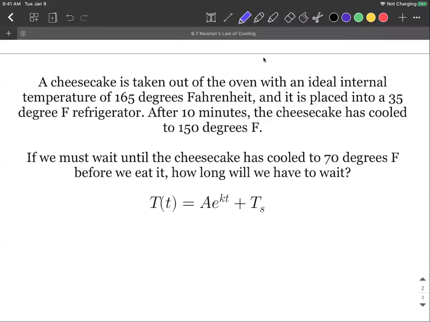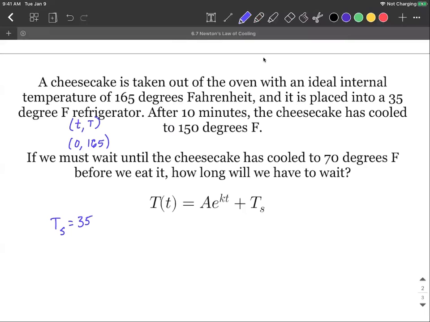Each one of our ordered pairs, and we're given 2 here, has to do with a time, that was our input, and then the temperature of the object at that time. So the first one is when we first take it out, that's at time 0, we know the temperature was 165 degrees. The next piece of information as we read through this is it was placed into a 35-degree Fahrenheit refrigerator. So that's the temperature of the surrounding air.